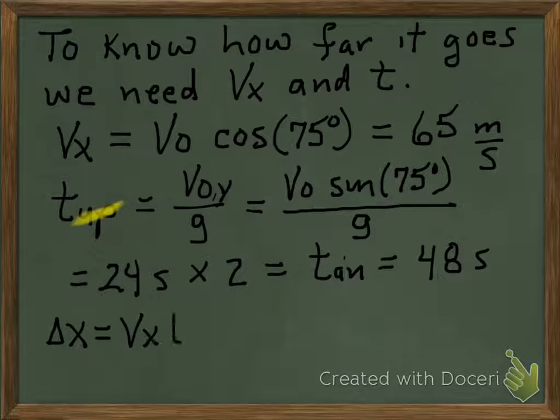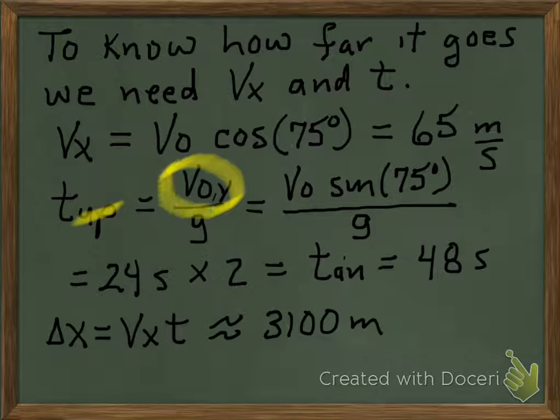You'll notice here that it's always going to be the initial velocity in the y direction. So again, we're looking right here. Initial velocity in the y direction divided by g. So initial velocity in the y direction involves sine. And so the time up is 24 seconds.